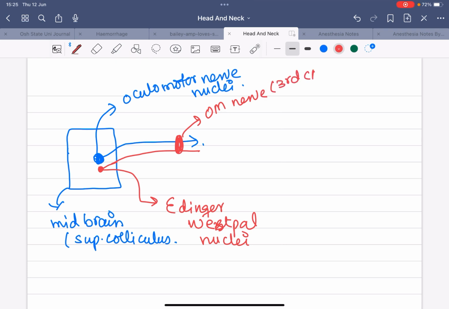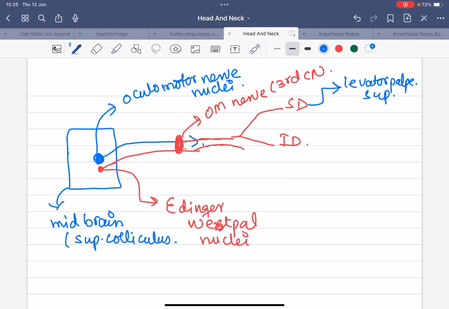Now when it is entering here, see here, it gives two divisions, superior division and inferior division. The superior division gives innervation to the levator palpebrae superioris muscle and superior rectus muscle.